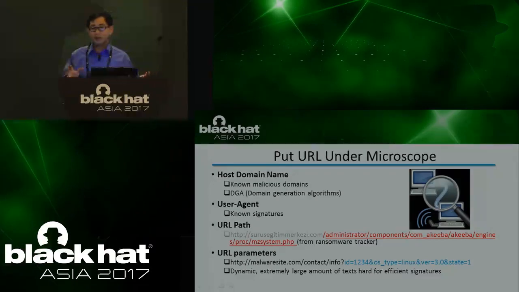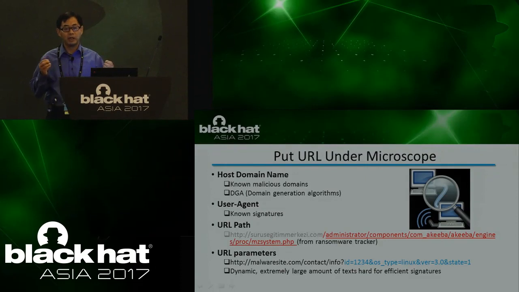User agent is simple, and for the URL path we basically collect some kind of updated blacklist. So in one case, last year when the ransomware broke out, we took a blacklist from the ransomware tracker website and put it into our signature blacklist.